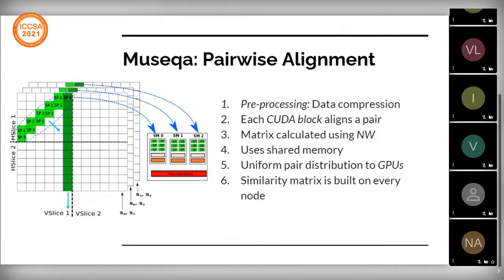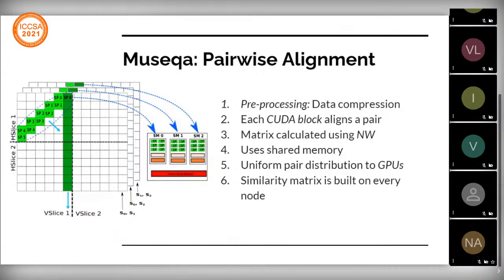For the pairwise alignment, of course, you can refer to the article, which has more details on how it really works. But for implementing this step using a multi-GPU architecture, we distribute the pairs of sequences we have to align among the different GPUs.